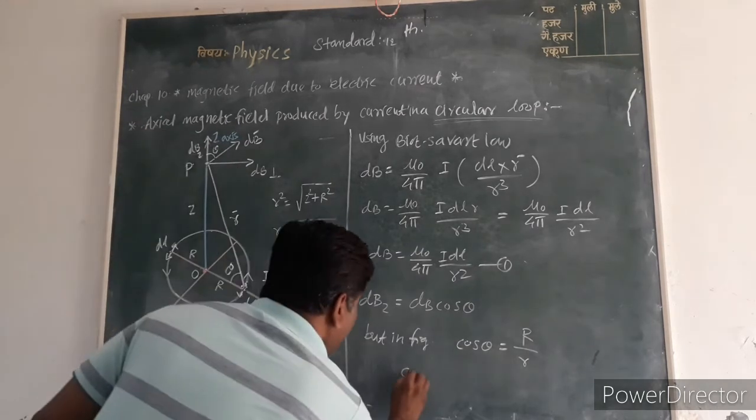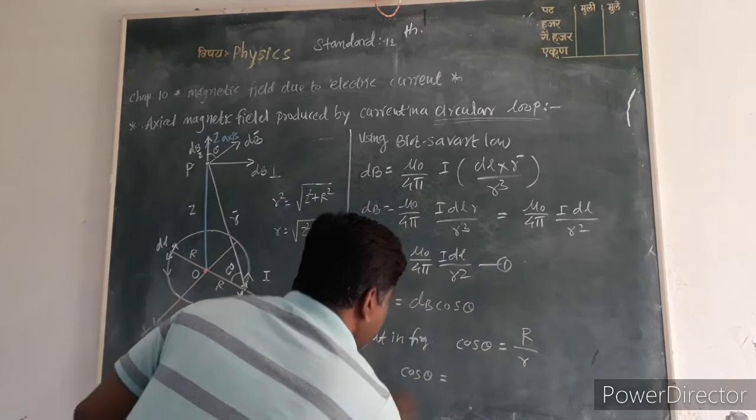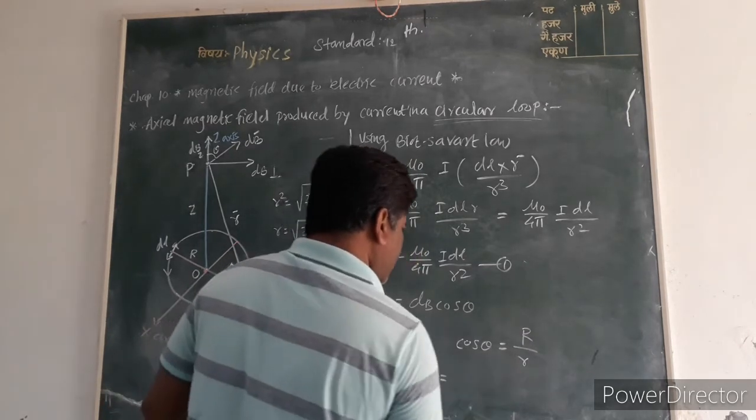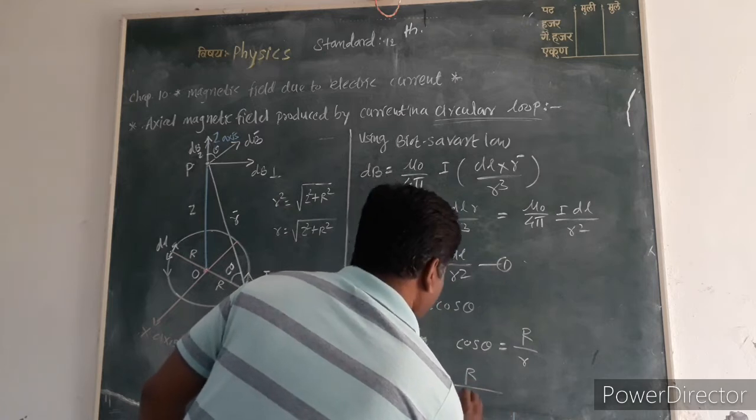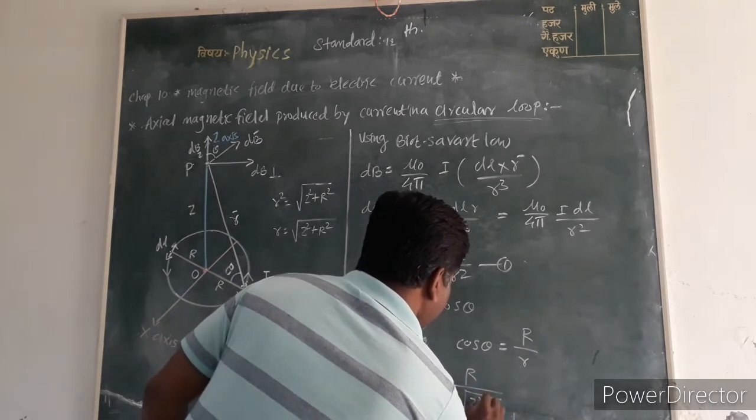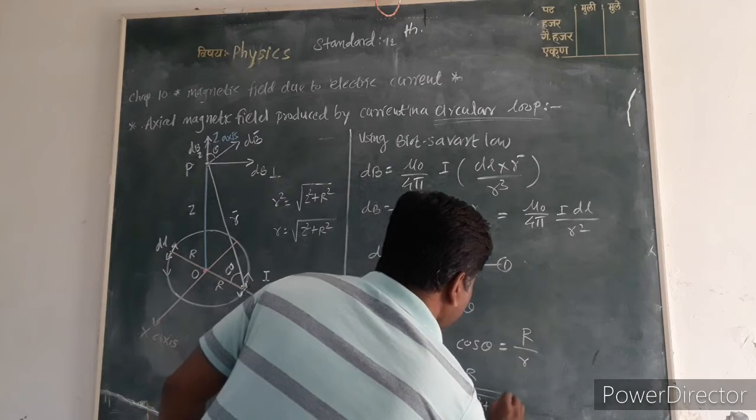Therefore cos theta is equal to R divided by under root z squared plus R squared.